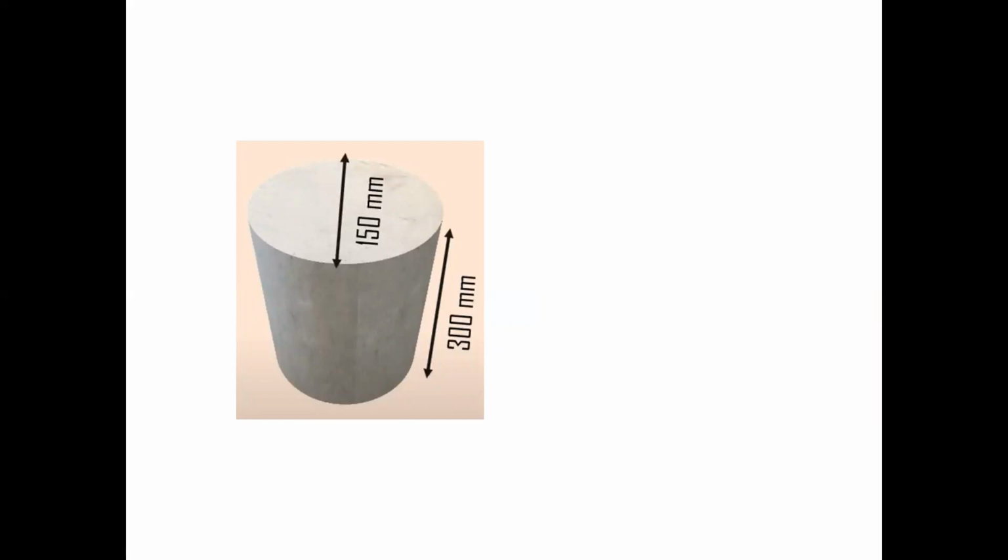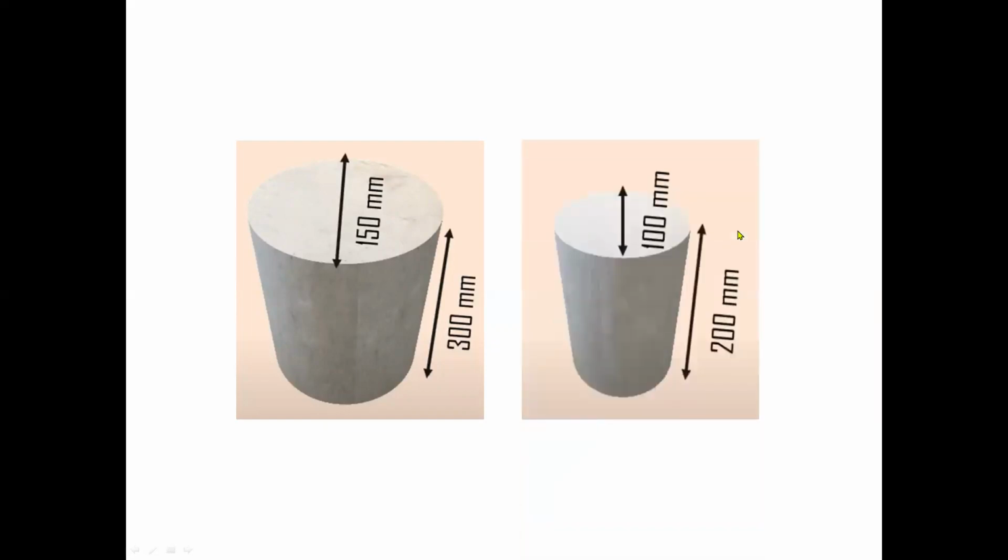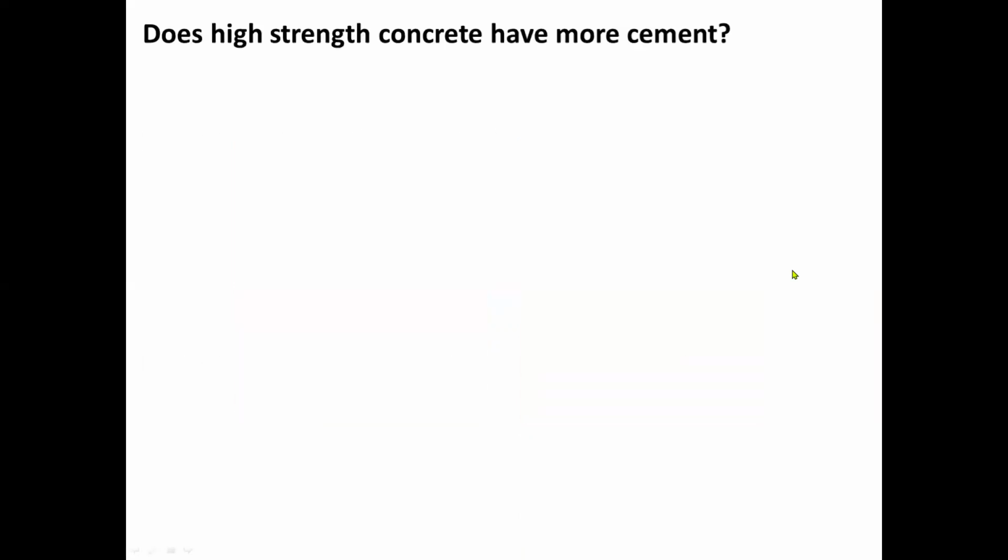Kapag ginagamit natin ang UTM, ito yung maaari natin gamitin standard size of sample ng concrete mixture natin. And of course, we have the other one, may diameter na 100 at saka depth na 200 mm na cylindrical mold or cylindrical concrete sample.